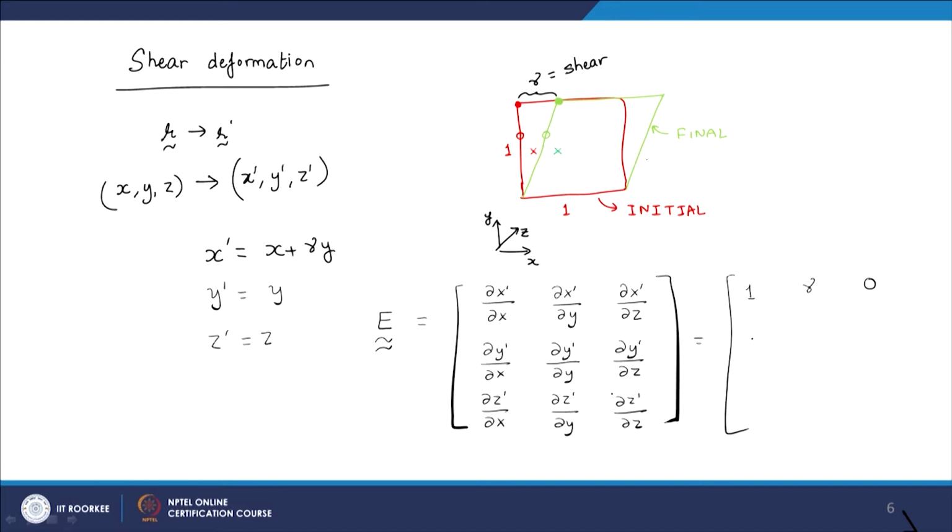Similarly, in the second row we have 0, 1, 0, and the third row 0, 0, 1.